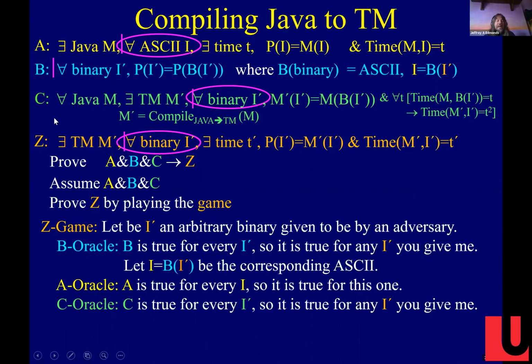Now let's go back to C, all right? C also has a "for all binary strings." The adversary gave me a binary string, and Oracle C is promising me that for every binary string, something is true.